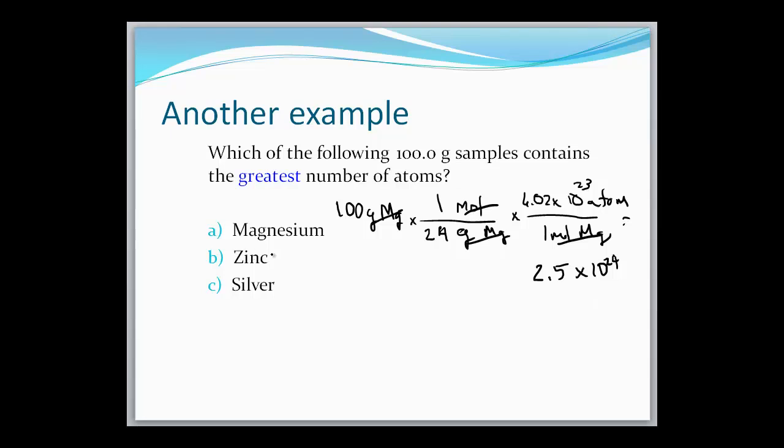Okay, so then what you're going to do is the same thing with zinc and silver. You're doing the same process. The one that has the most number of atoms then is the one that will give you your answer.